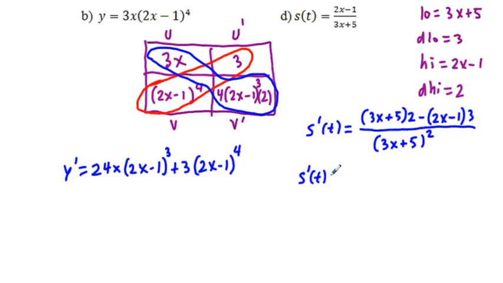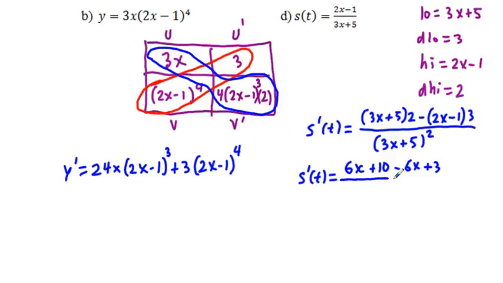And just using our distributive property up top, we have 2 times 3x, which is 6x. We have 2 times 5, which is going to be plus 10. We have minus 3 times 2x, which is going to be minus 6x. And then we have 3 times 1, but we have a negative negative, so that's going to be plus 3.